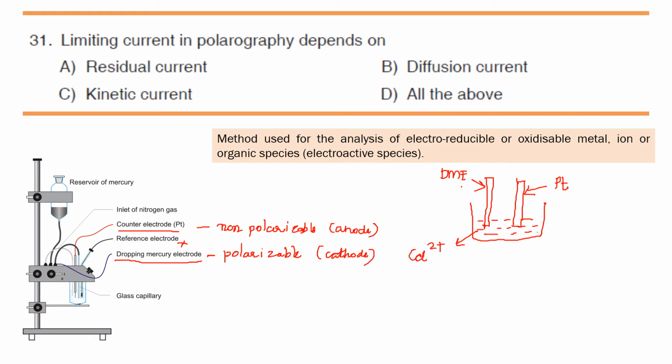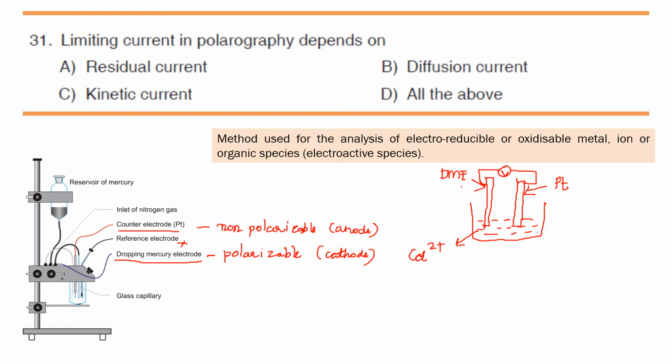Cadmium 2+ is an electroreducible species because it can undergo reduction to cadmium atom by accepting two electrons. You take this cadmium solution in the container with the two electrodes and apply a voltage between them. Then a current flows across the electrodes, and by measuring the amount of current you can determine the concentration of the electroactive species.